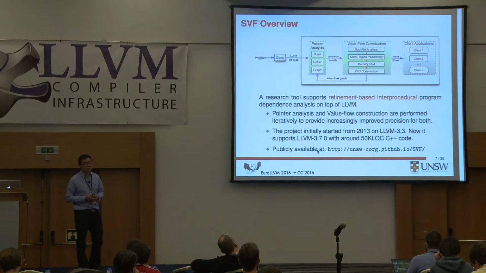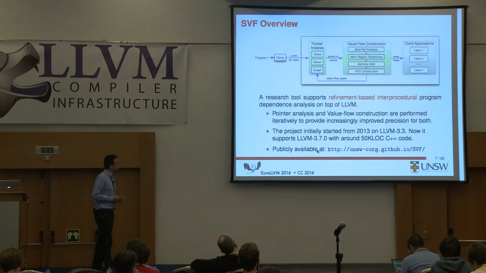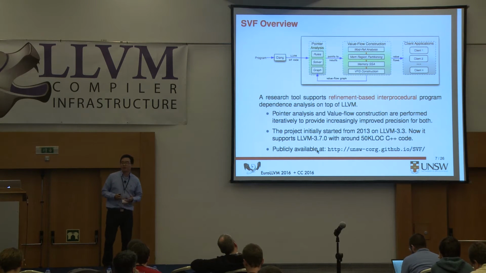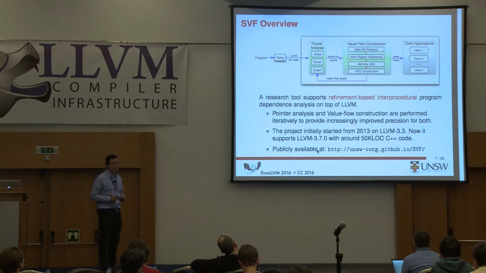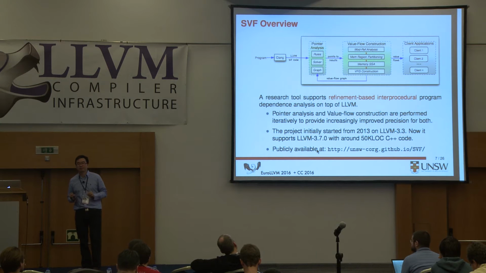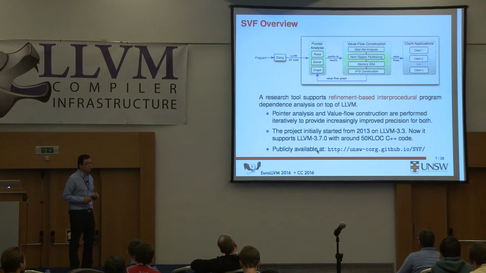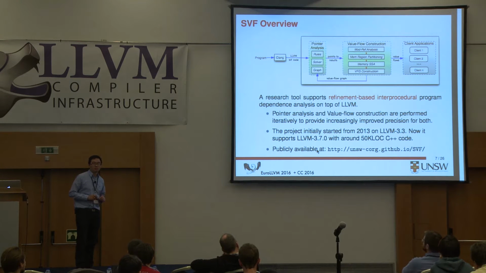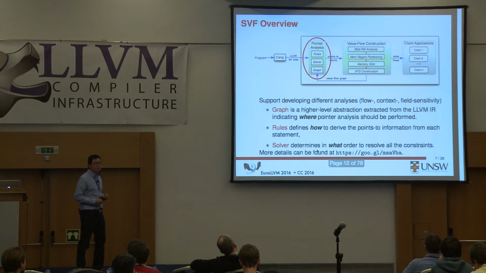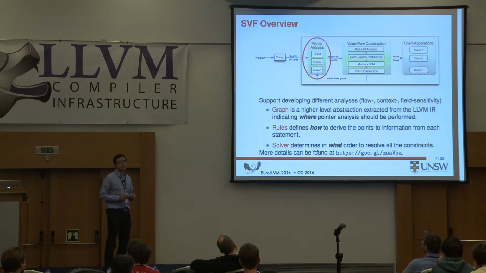The project initially started in 2013 on LLVM 3.3. And now it supports LLVM 3.7, so we are still working to try to catch up with the latest release version of LLVM. And also the source code is publicly available and hosted on GitHub. And let's go through each of the major components to see the design overview here.